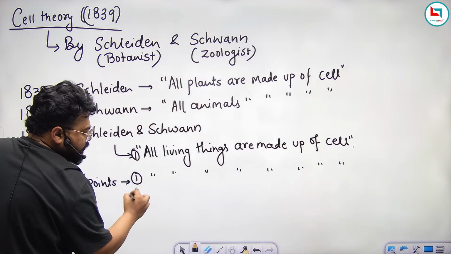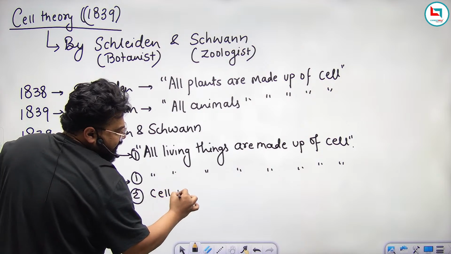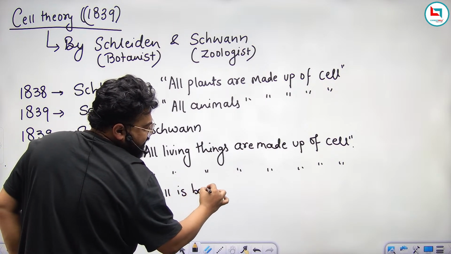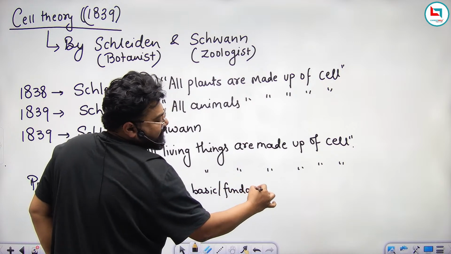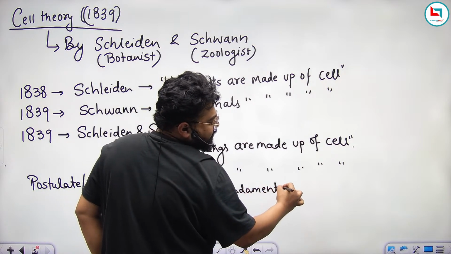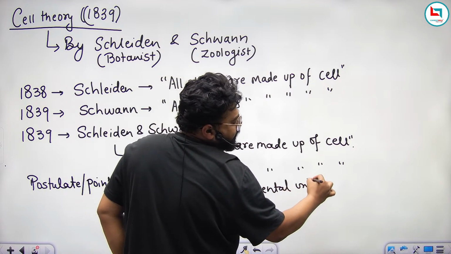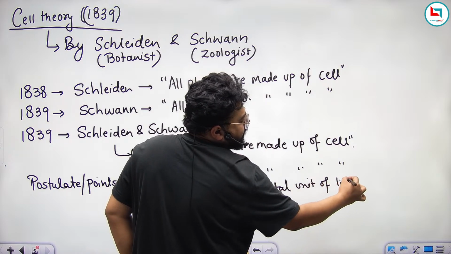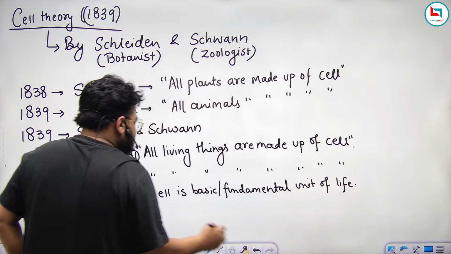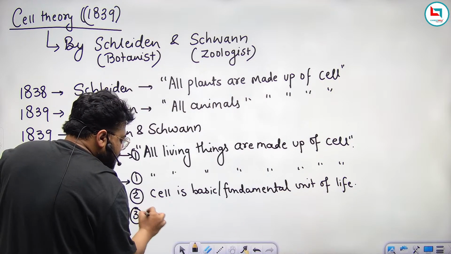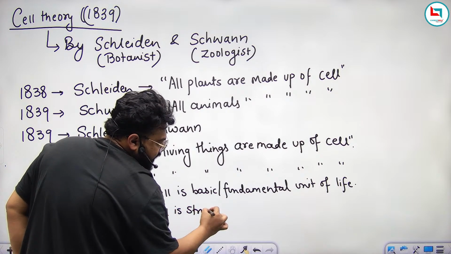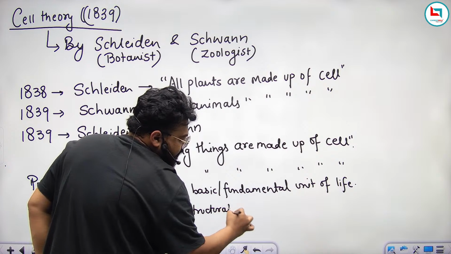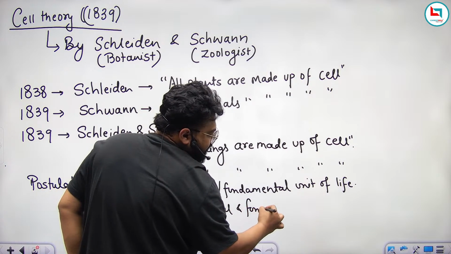Number two, cell is the basic or fundamental unit of life. We have already discussed this point. Number three, cell is the structural and functional unit of life.